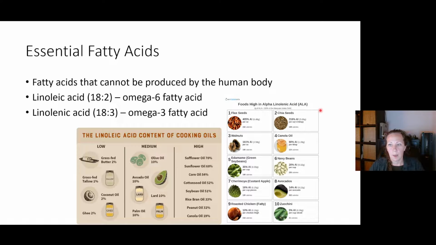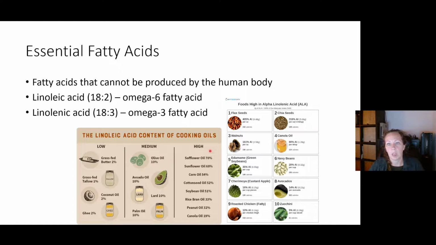You see that here. Now, most Americans have too much omega-6 fatty acid because it's in a lot of stuff. It's not hard to get omega-6 fatty acids in the American diet. It is found in high amounts in safflower, sunflower, corn oil, cottonseed oil, soybean oil, rice bran oil, peanut oil, canola oil.